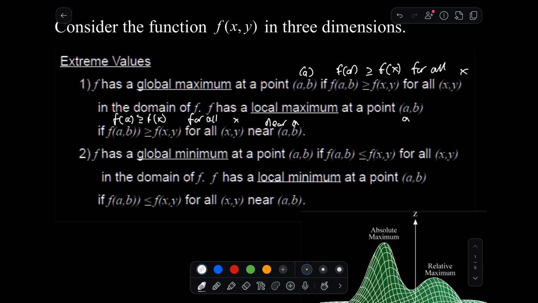And it's just like taking the limit as you approach that value, right?